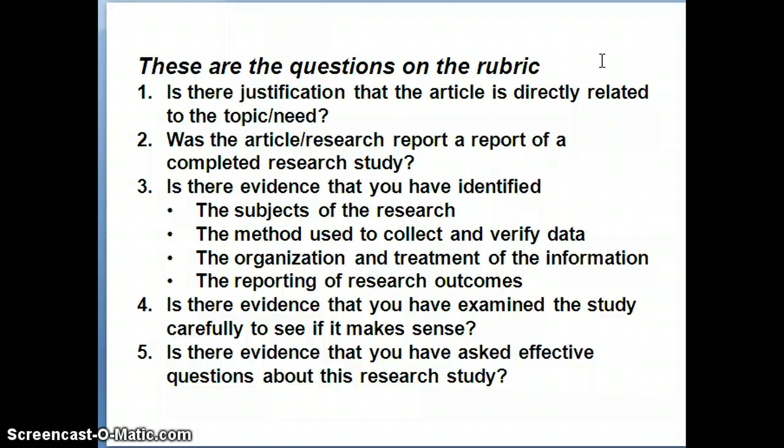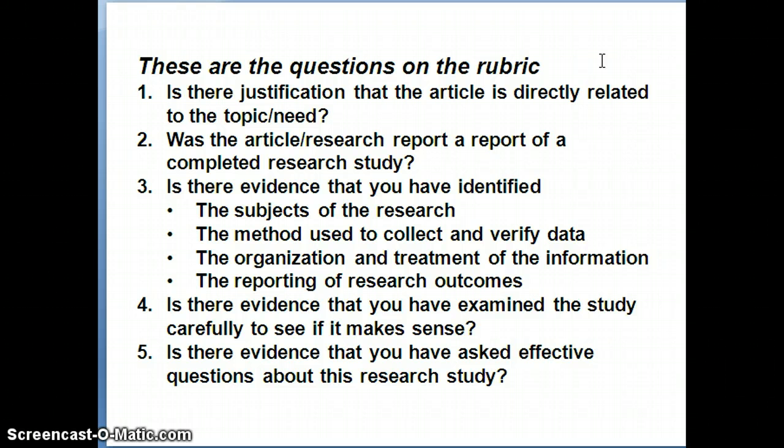For example, you can find some articles that are simply summaries of research articles completed at an earlier date. Those are of some value, but of limited value. And I've seen lots of examples on the internet of people who put out something they call a research article, and if there's any research in it, I sure can't find it. It's a lot of opinion, but not research. So you're looking for the real McCoy: actual reports of completed research studies.